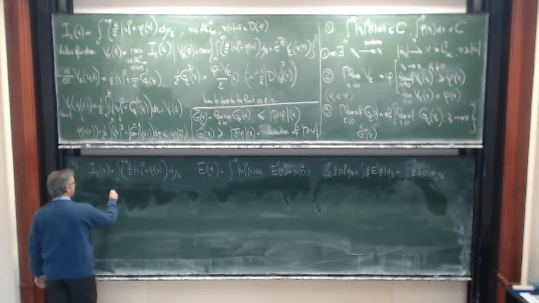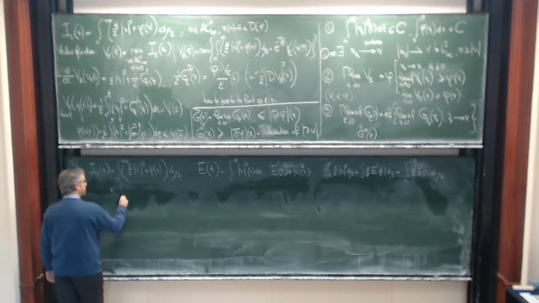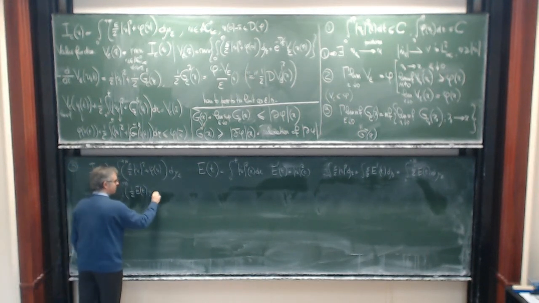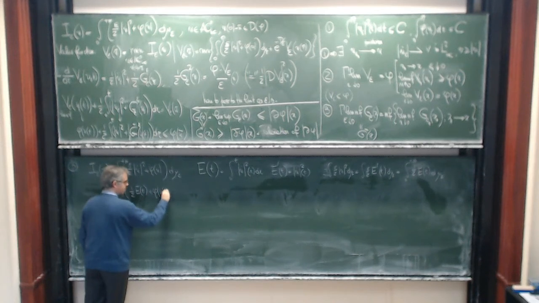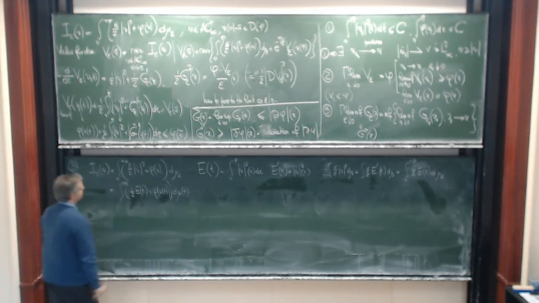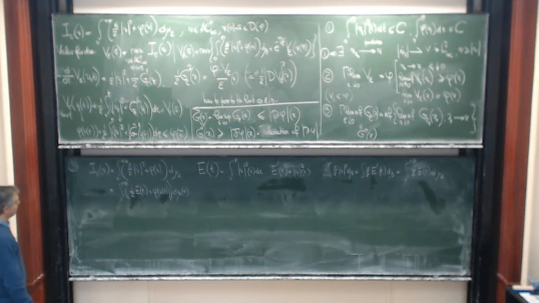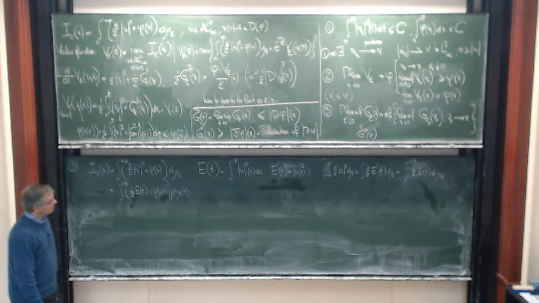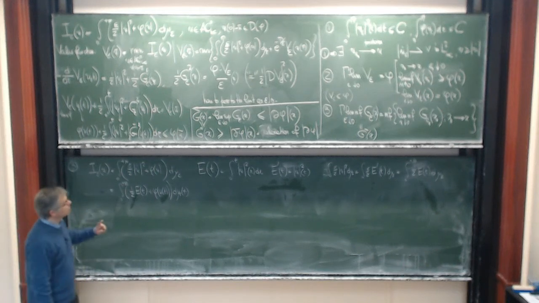So in practice, you have here the integral from 0 to plus infinity of 1/2 the energy associated to the curve u plus phi of u of t in the mu epsilon t. Okay? And the epsilon disappears.